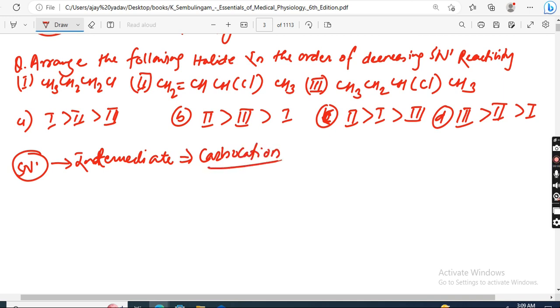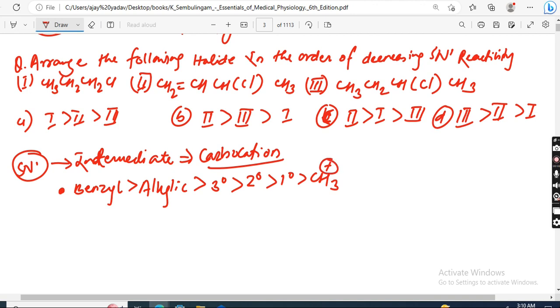So if we have to talk about stability of carbocation, then first of all you need to understand this fact that benzylic carbocation is more stable than allylic carbocation, which is more stable than third degree carbocation, then second degree, then first degree, then CH3.